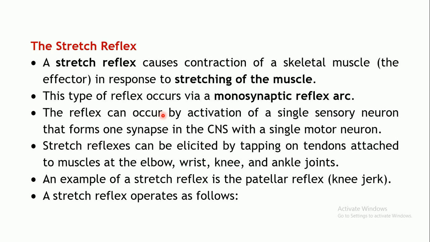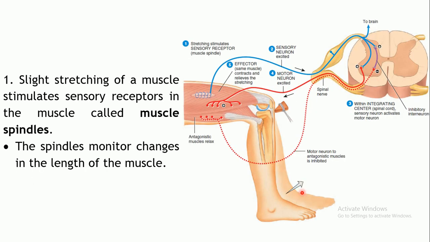Okay, so there is only one synapse in the CNS. The examples of this stretch reflex include the tapping of the tendons which are attached to the skeletal muscles in the elbow or the wrist, knees or ankle joint. So a stretch reflex will be initiated. Patellar reflex is the best example over here. Okay, so the stretch reflex operates as follows. So slight stretching of the muscles. These are the muscles which are present in your thigh.